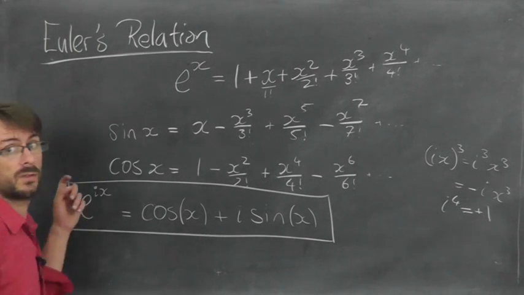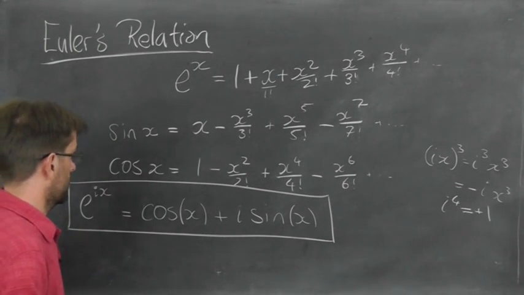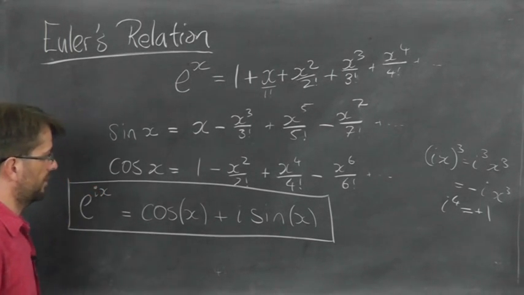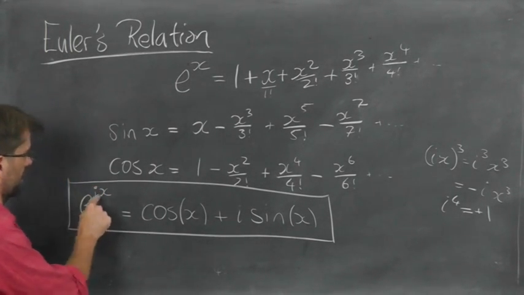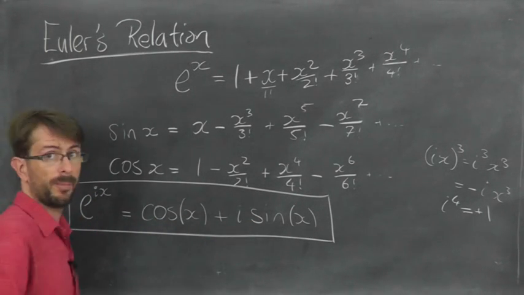And this is Euler's relation. It's sort of a very, very beautiful result, combining complex numbers, exponentials, and the trigonometric functions.